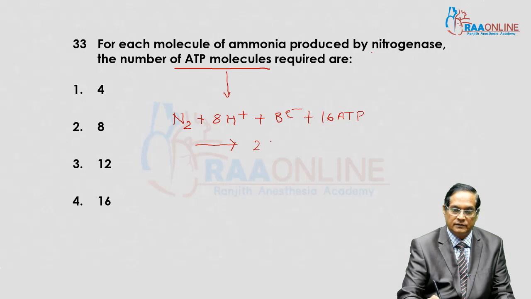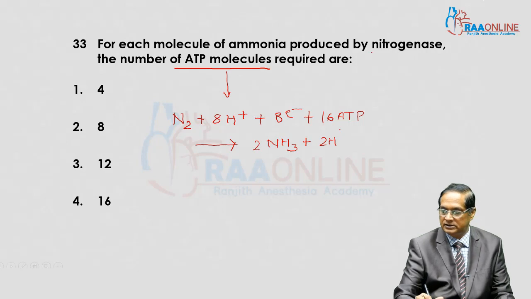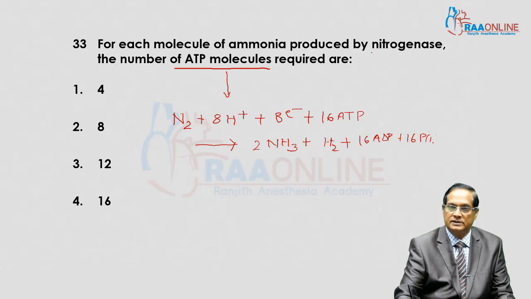It results in the formation of 2 ammonia plus H2, then 16 ADP and 16 inorganic phosphates are released.